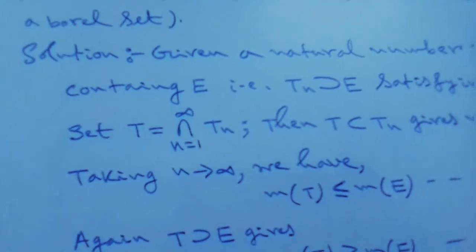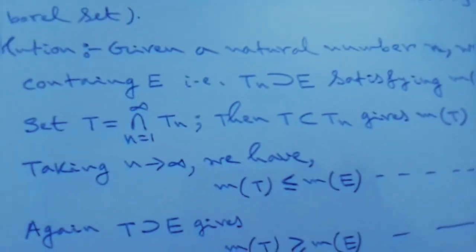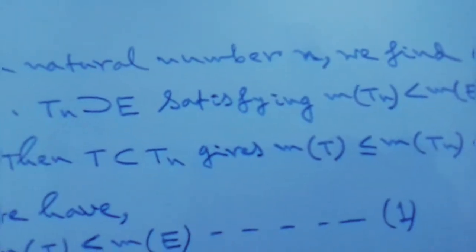At first, given a natural number n, we find a bounded open set Tn. We are finding it in sequential format.